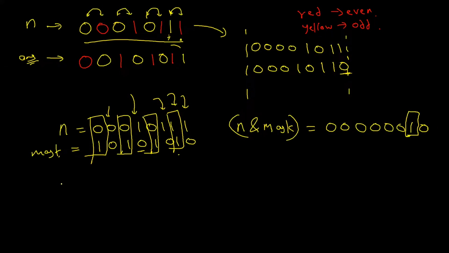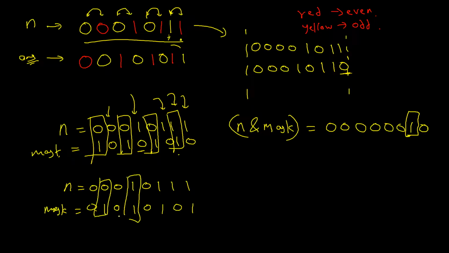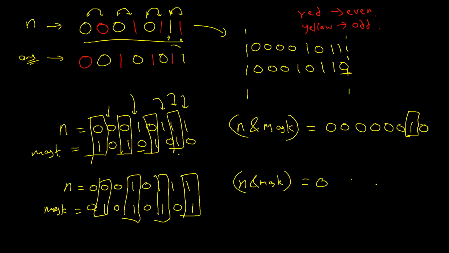अभी सोचो guys, now you have n value again, ठीक है. Now इस बार I created a mask in this way कि these values are covered, rest all are 0. Now these values are covered, this value, and this value, right? So if you do n ampersand mask with this, you'll be getting zeros at the odd position anyway, right? So let me just write zeros at the odd position anyway.